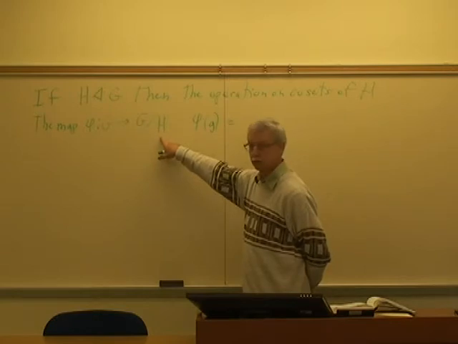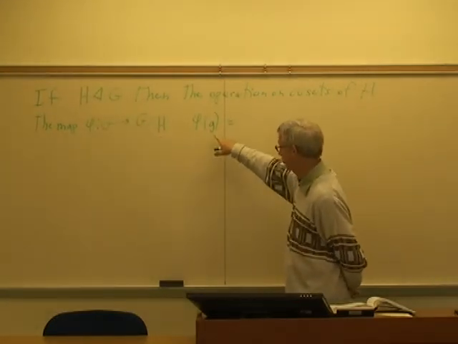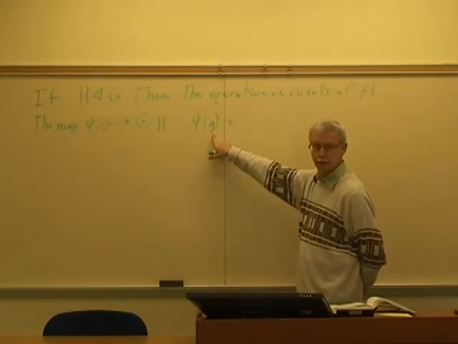Everything here is a coset, right? So I have to send it to a coset. What's the logical coset to send this to?